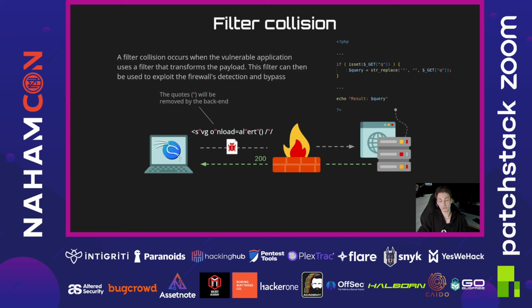But you're exploiting the actual filter within the backend, and that filter is making the firewall confused. So when you send this to the firewall, it will see this one as valid. But when it reaches this code, it will be converted to the actual SVG onload alert payload, and that one will trigger.